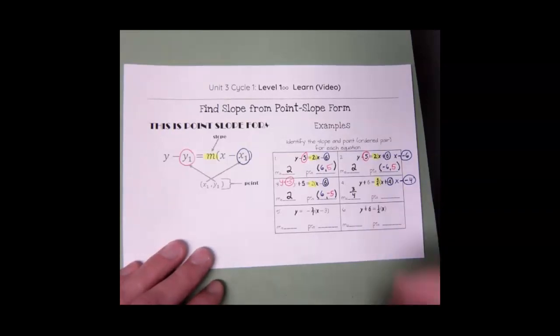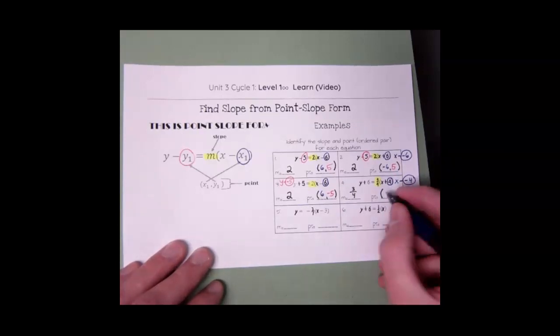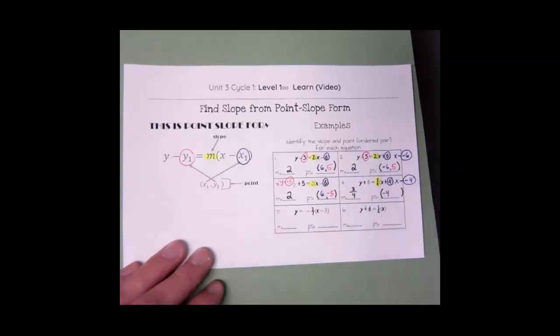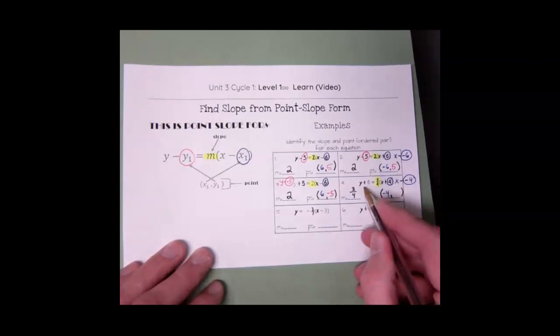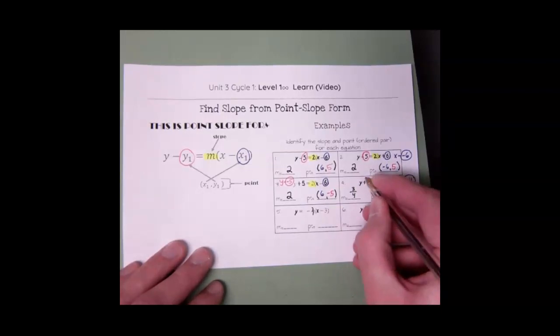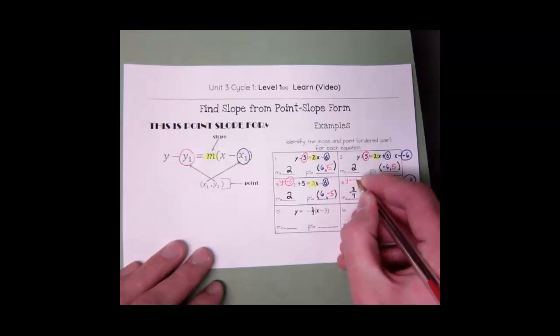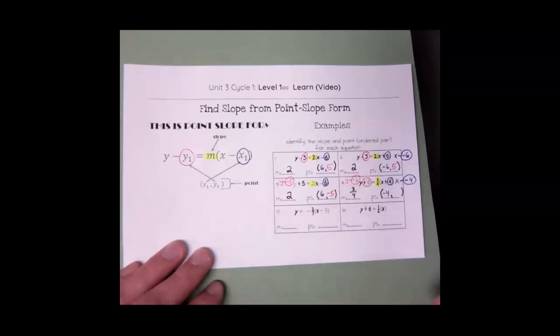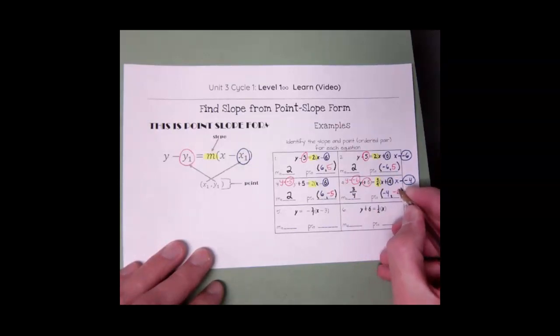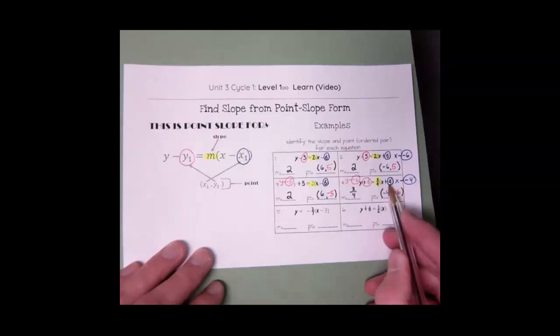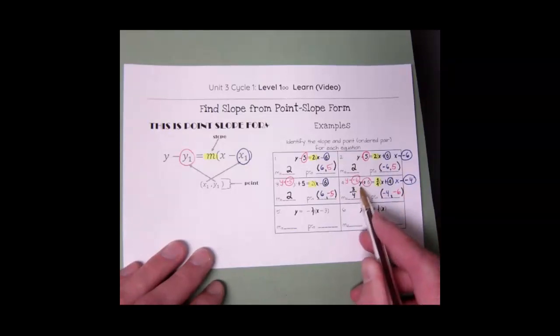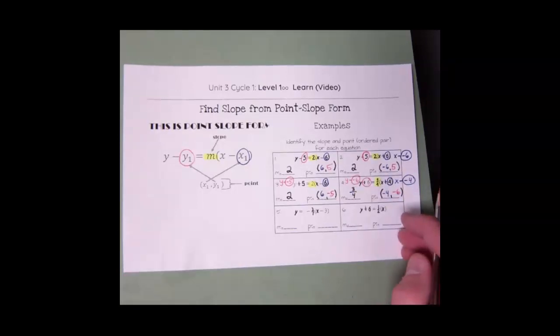Okay, so my point here, my x value would be negative 4. And my y value is plus 6. So just like over here, I need to make sure I do y minus negative 6. So this is my real value. So I had x plus 4 produce negative 4. Y plus 6 produce negative 6.